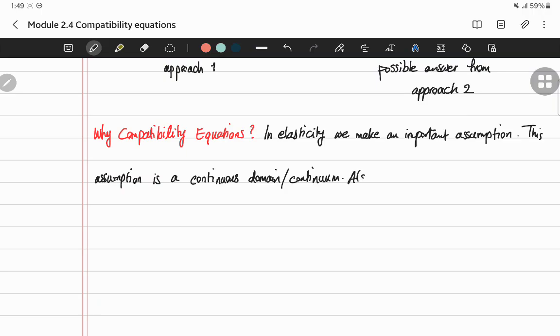Also, our displacement fields should be single valued. Otherwise, you have different solutions to one problem.